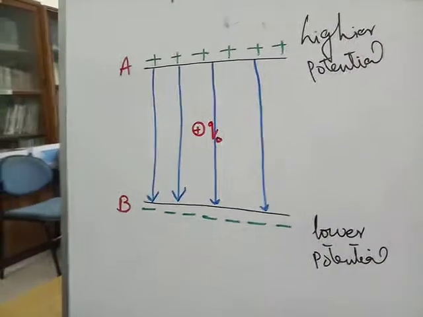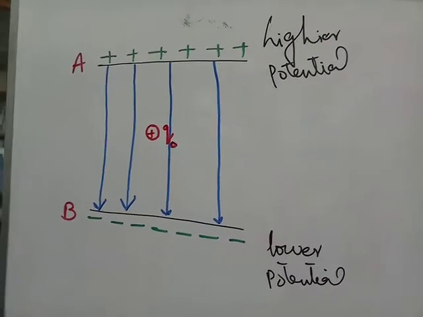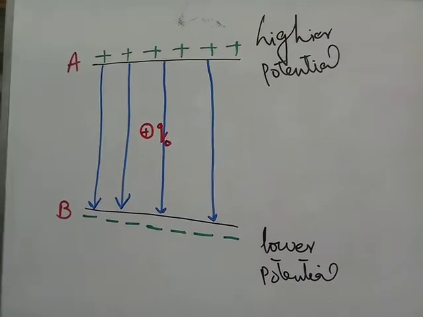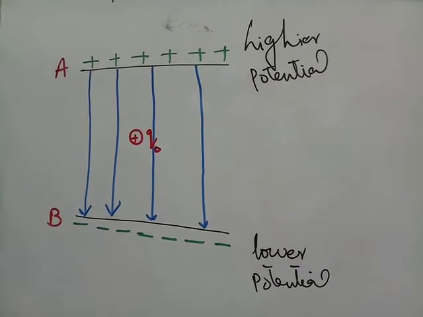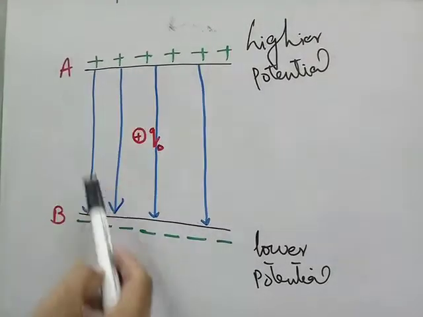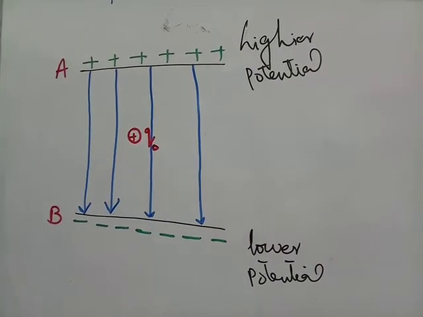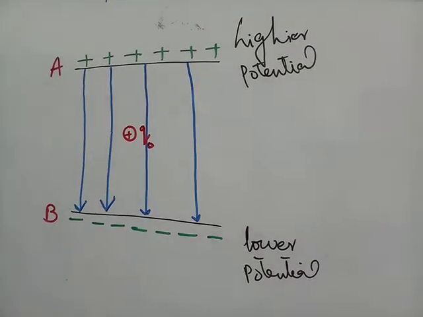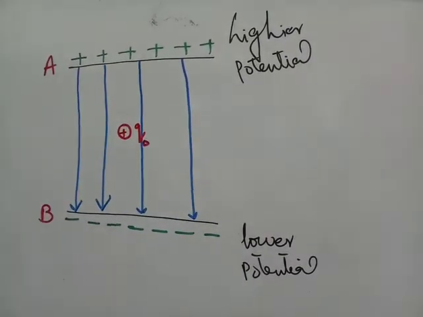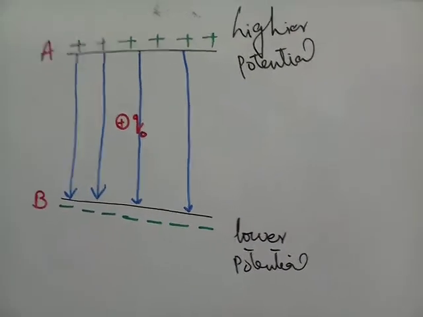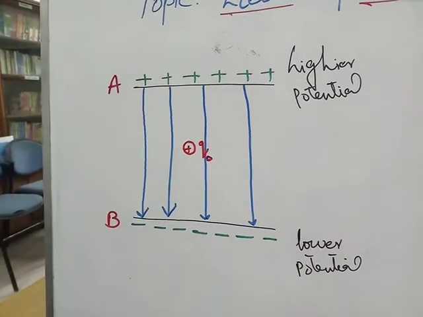So let a charge Q naught, which is a positive test charge, be placed between two oppositely charged parallel plates. This charge Q naught experiences a force in this electric field. You know, electric field lines originate from positive and end on negative.